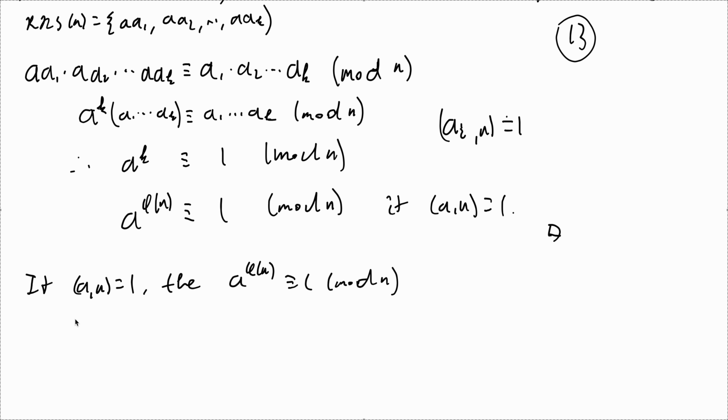Okay, now let's think about when n is a prime number. That's a fact that we know, and it's called Fermat's little theorem.